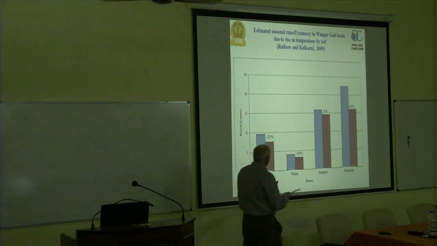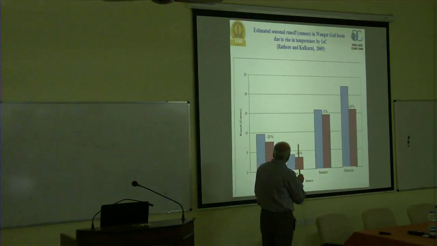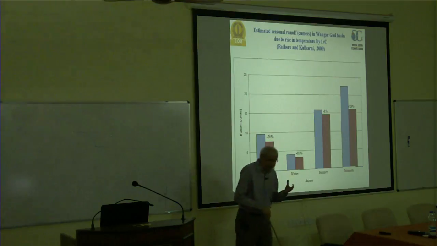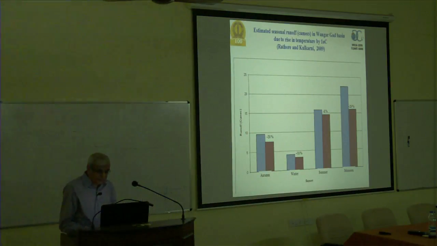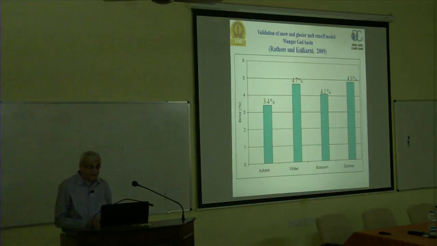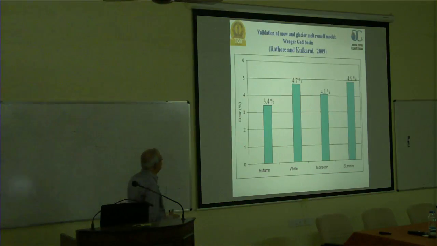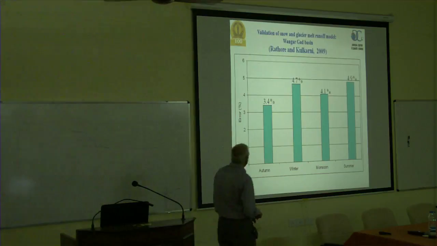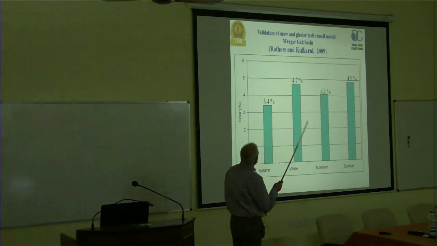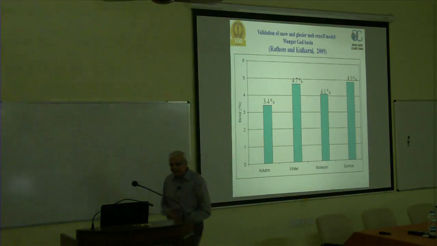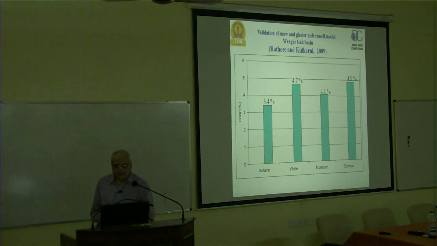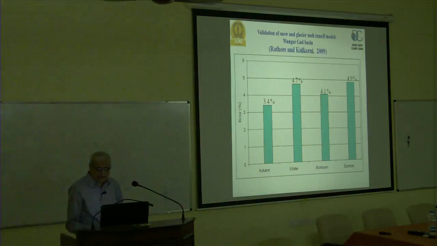Not much in summer, and not much in winter, but it is going to reduce in winter too. I was expecting that it would go down in winter, but it has not come out. And you can see the error in the model for this Vangargarh basin, where you have a huge amount of data, and it's really not much. It's from 5% to 3.5%.